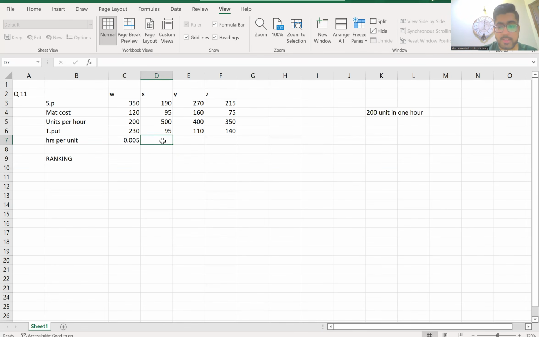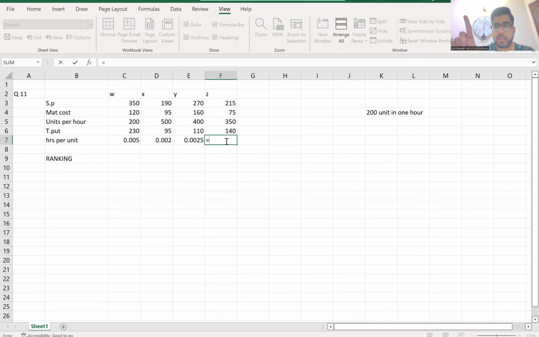Similarly, if 500 units are made in 1 hour, 1 unit is 1 over 500. Then Y, 400 units in 1 hour, so 1 unit is 1 over 400. And for Z, 350 units in 1 hour. You don't need how many units are made in 1 hour; you need how many hours each unit is taking. So 1 unit is taking 1 over 350.